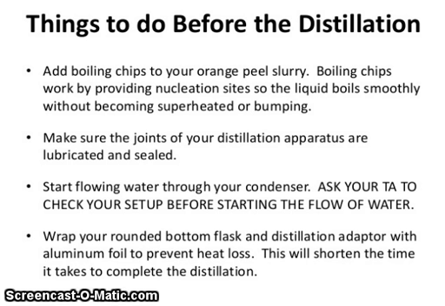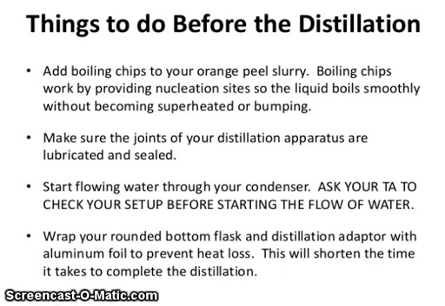Now, things to do before the distillation. Add boiling chips to your orange peel slurry. Boiling chips work by providing nucleation sites so the liquid boils smoothly without becoming superheated or bumping.